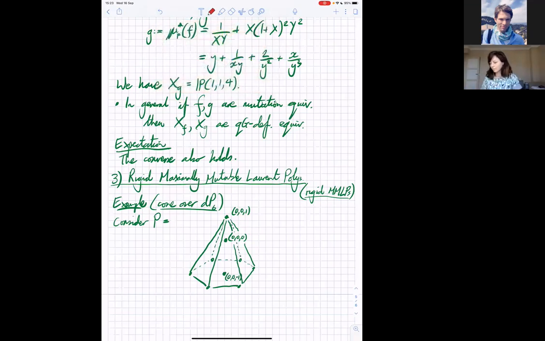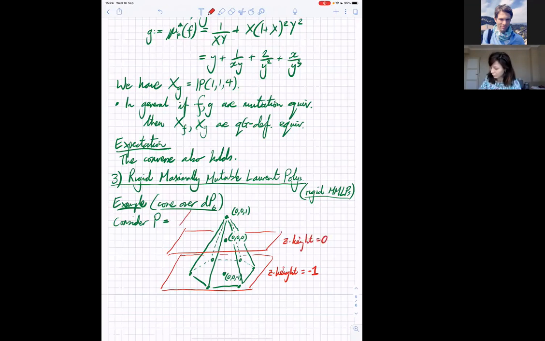The points of this polytope naturally lie on 3 layers, graded by the z coordinate. Down here we have the z height minus 1, then in the middle we have the origin, and at the top we've got this single point.